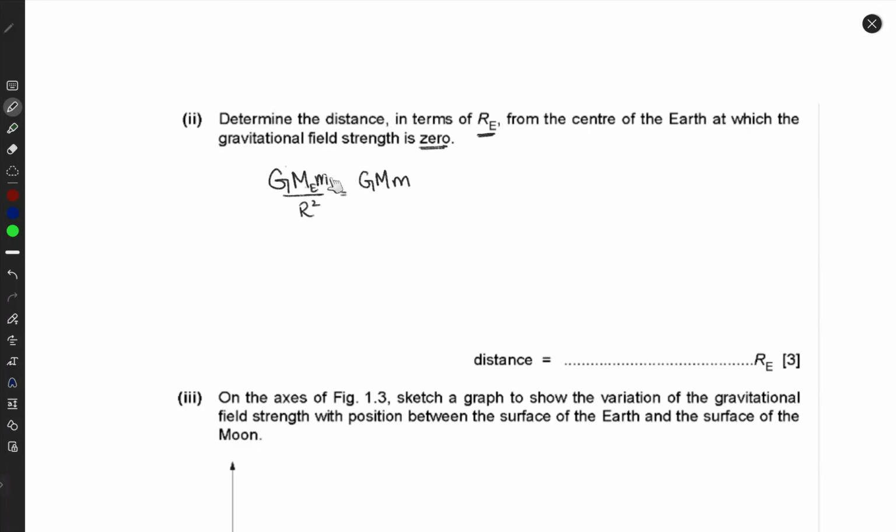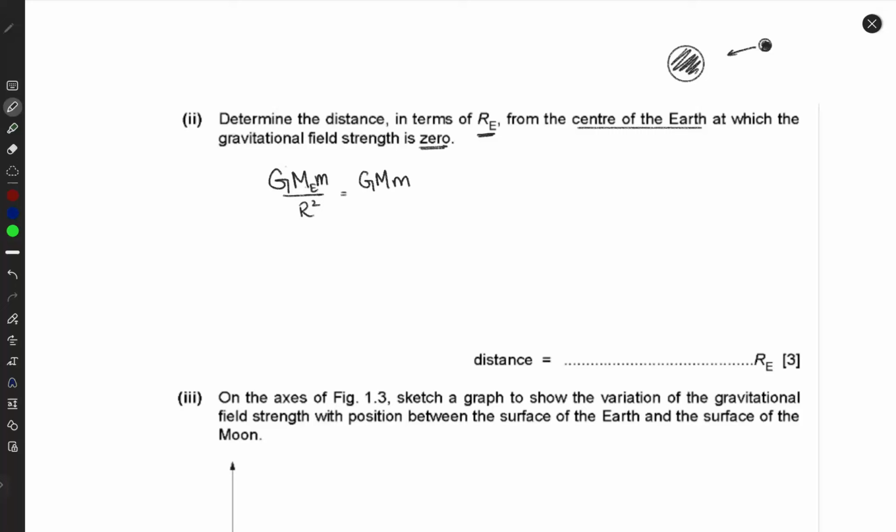Now, the major part, as they have mentioned in the question, is the Earth, because we want to find the distance from the center of the Earth. So the major part is the Earth, and the Moon is the small mass, or the test mass, which is being, you can say, in the field of the Earth.